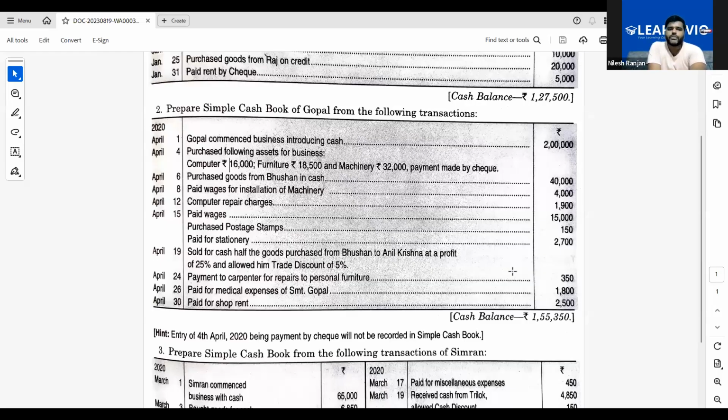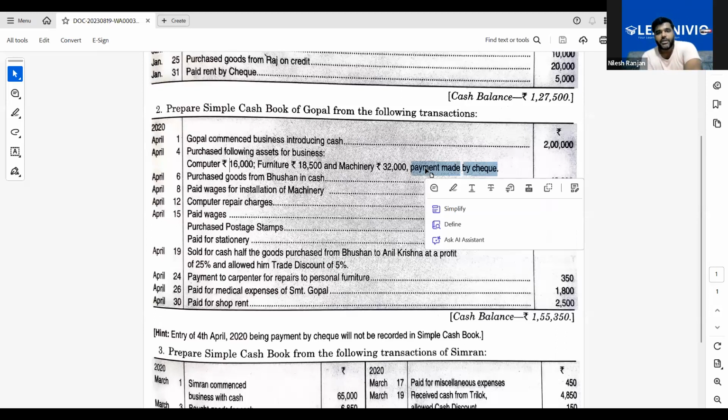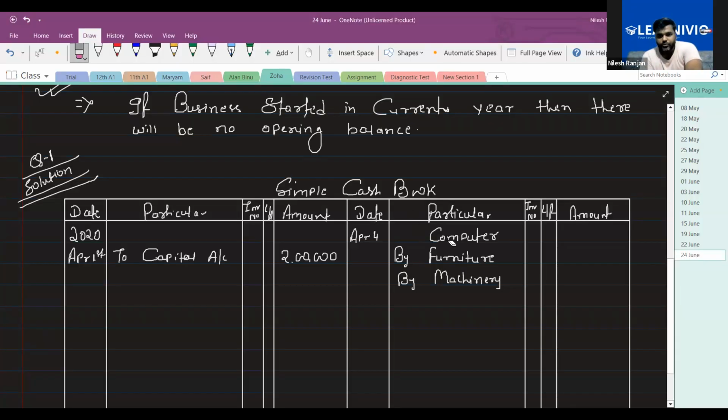Okay, sorry, these transactions will not come. The payment is made by cheque, so it is a bank related transaction. It will not come here in cash.